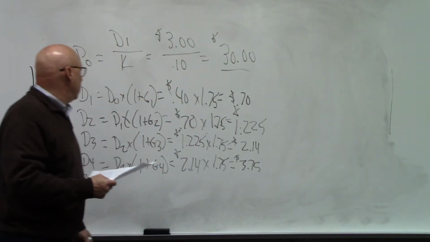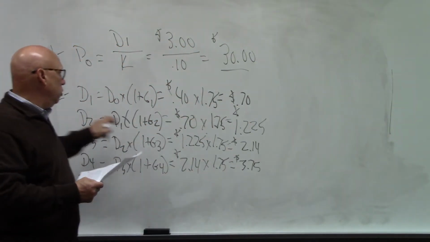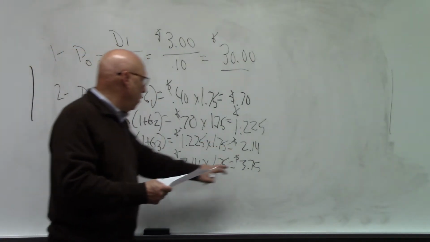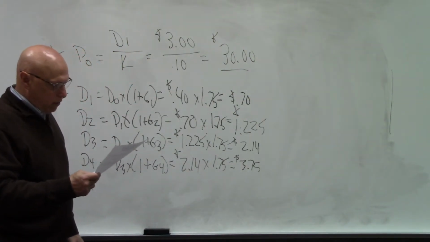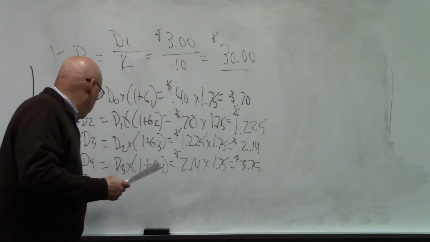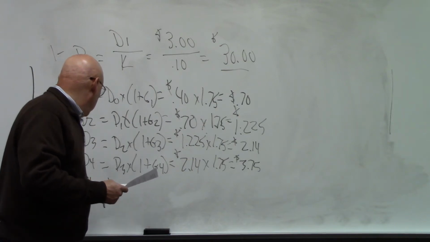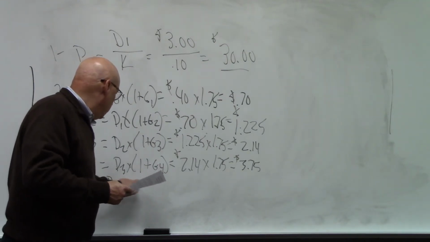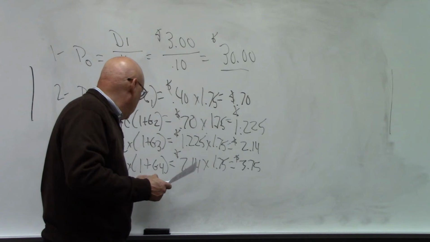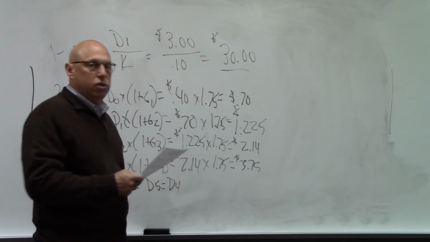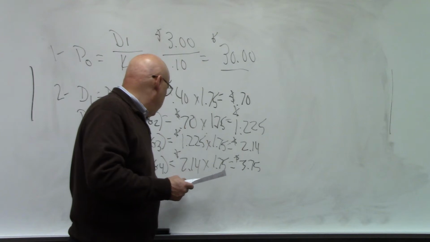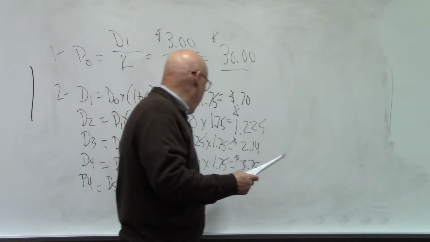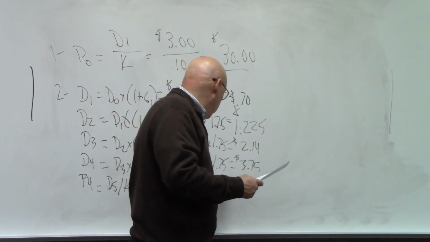So D1 is 70 cents. D2 is $1.225. D3 is $2.14. D4 is $3.75. Now P4 equals D5 divided by K. D5 equals D4 because there is no G. So D5 equals 3.75 divided by K, and K is 18%.